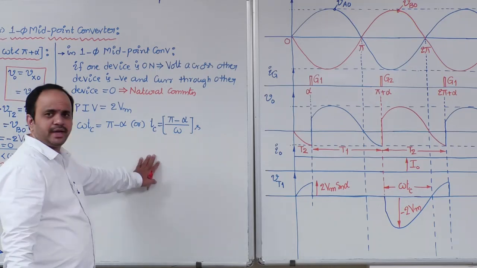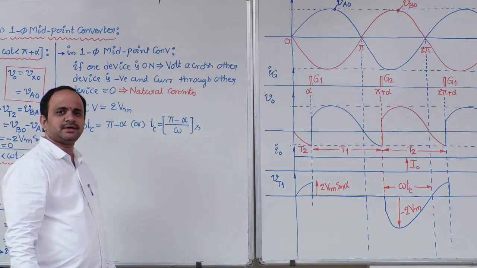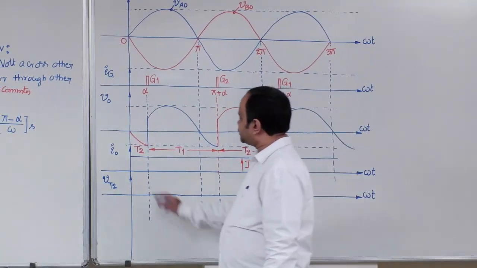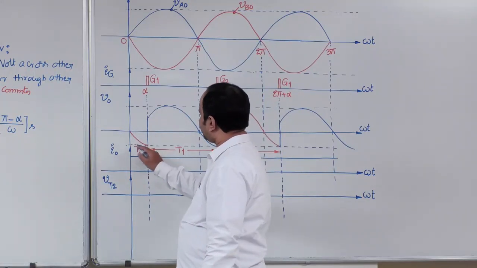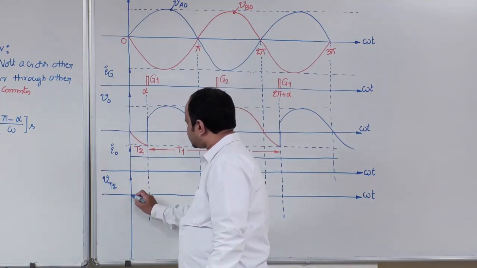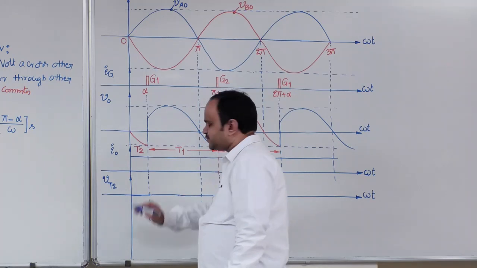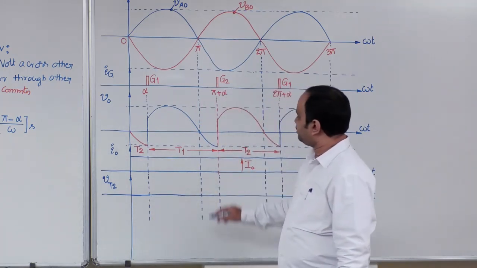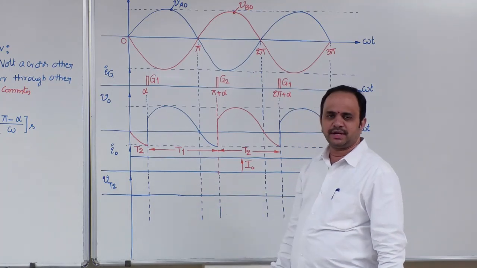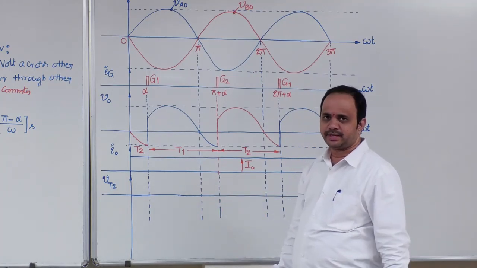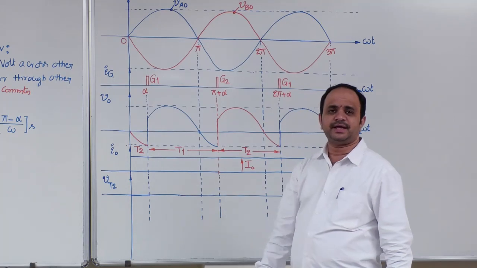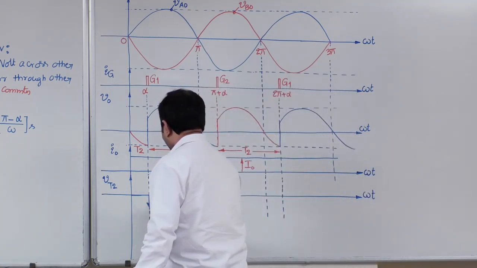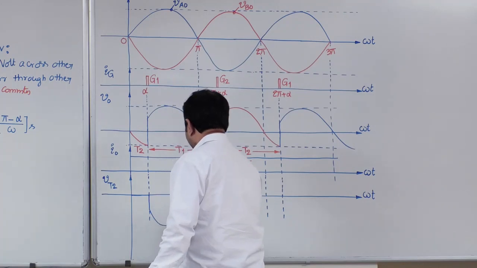In a similar way, let us draw the voltage across T2. From 0 to alpha, T2 is in conduction, hence this value is 0. Next, from alpha to pi plus alpha, just now we calculated that it was 2Vm sin omega t, and we also justified that the value was negative, hence it will start from the negative side.